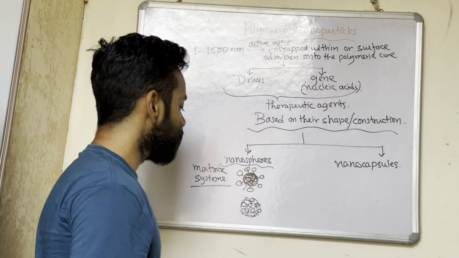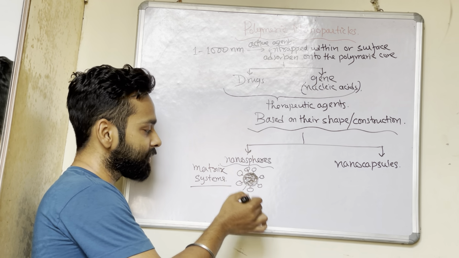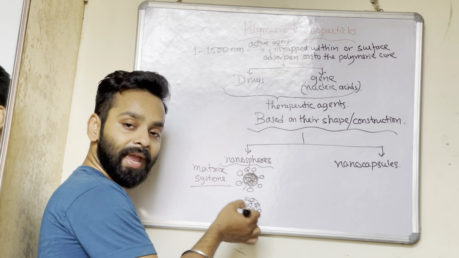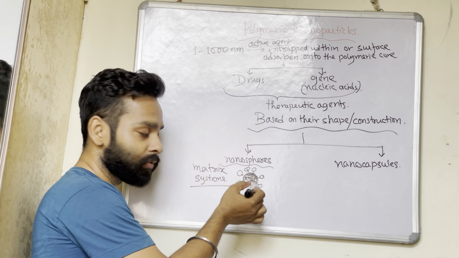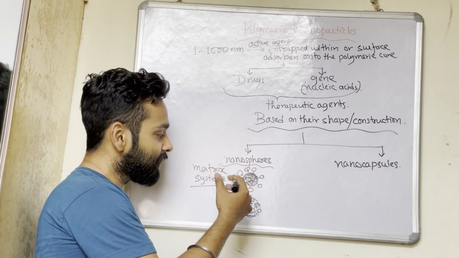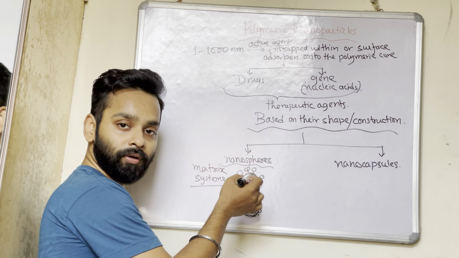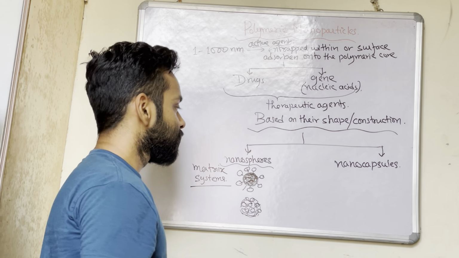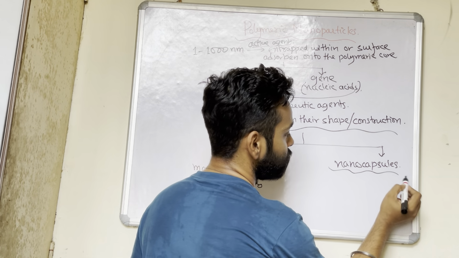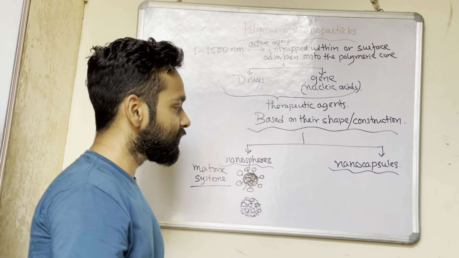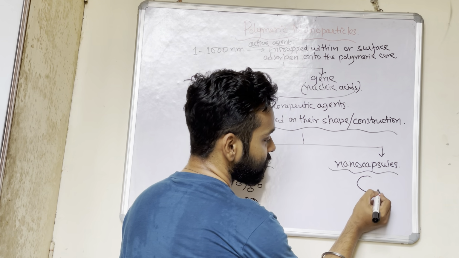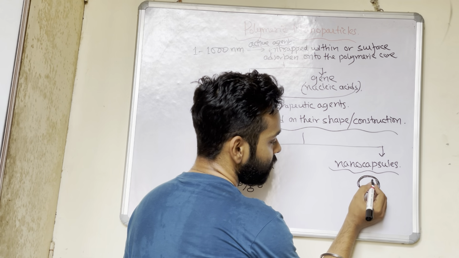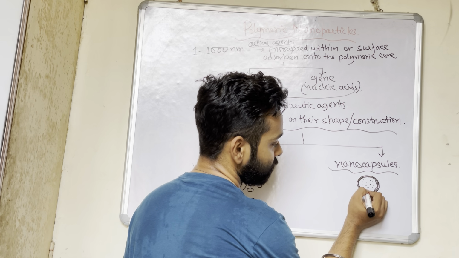Because these polymeric chains essentially comprise a matrix in which these drug molecules or the active compounds can be entrapped or they can be surface absorbed on the spherical shape which these polymeric chains assume in the form of these nanoparticles. The second construct is nanocapsules. So nanocapsules is basically like a shell which is present and it has a viscous or an oily type of interstitial space.